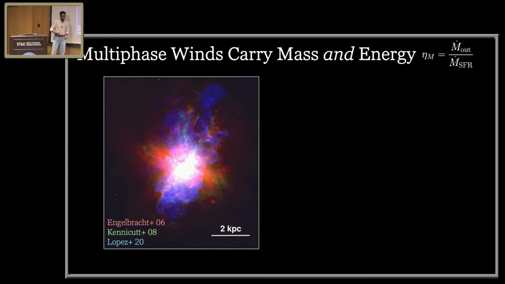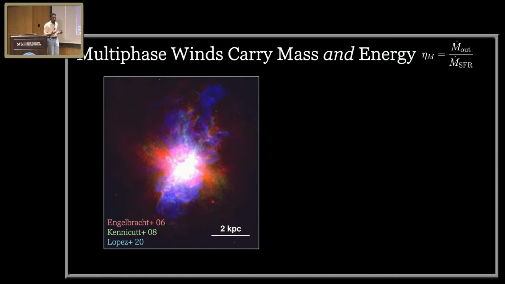And from some of the earliest simulation models of galaxy formation to the current cutting-edge subgrid implementations of many modern cosmological simulations, eta_m here is typically quite large, much, much greater than 1, especially in these low mass systems, in order to reproduce not only the low gas fractions in these systems, but also the low metallicity fractions and the low star formation rates.